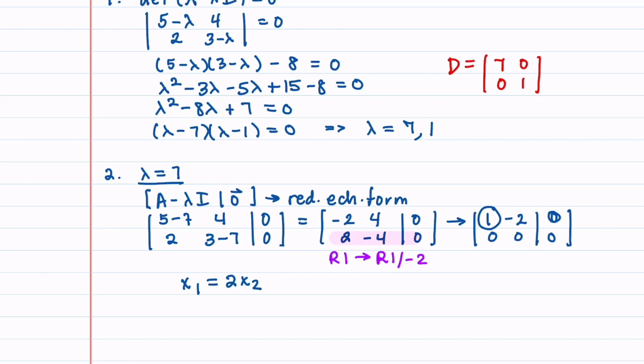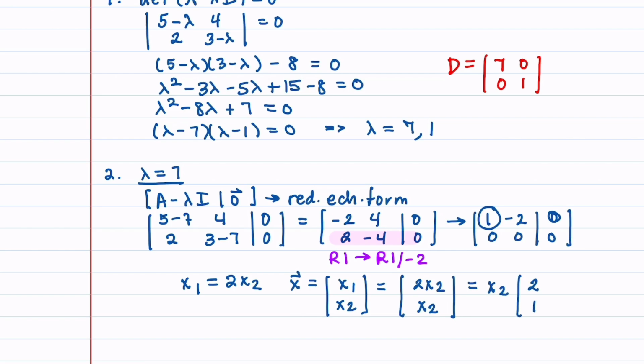That tells us that our vector x, which is x1, x2, is equal to, plugging in for x1, 2x2, and then x2. We can pull out an x2, and that becomes our vector 2, 1.